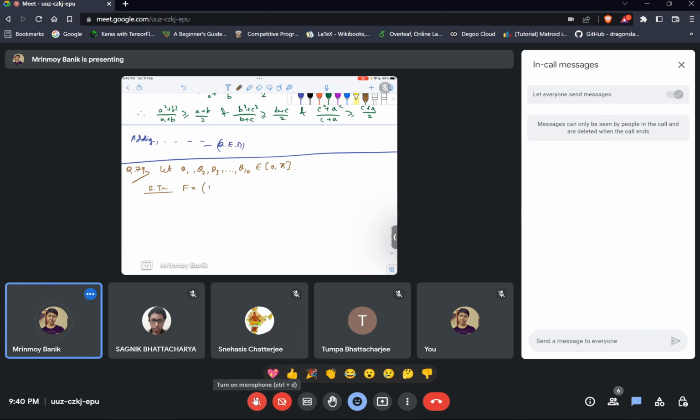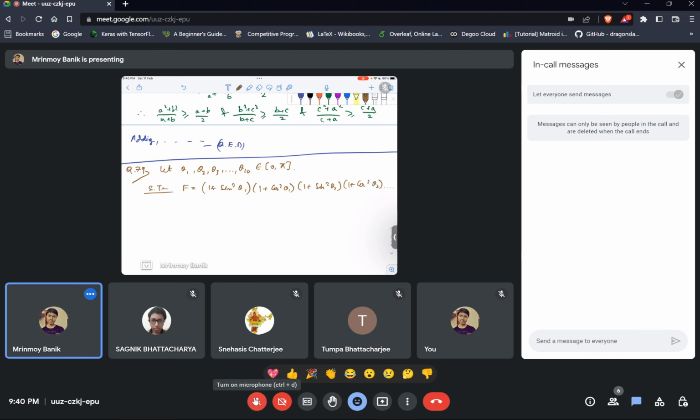f equals 1 plus sine squared theta 1 times 1 plus cos squared theta 2 times 1 plus sine squared theta 2, plus 1. Okay, they're alternating, right?